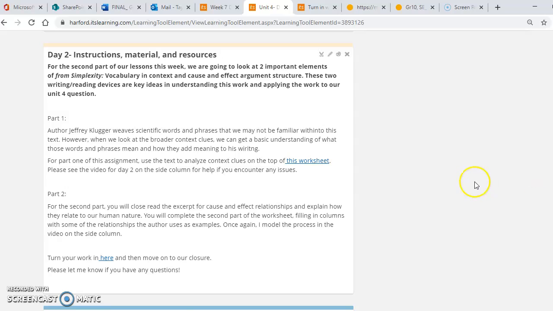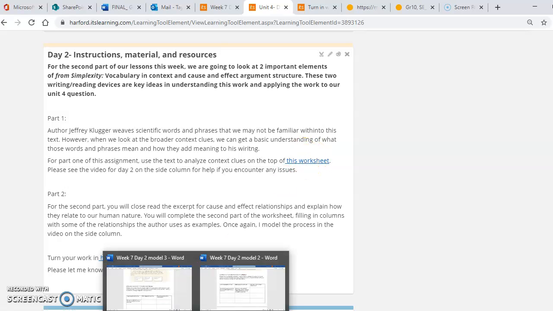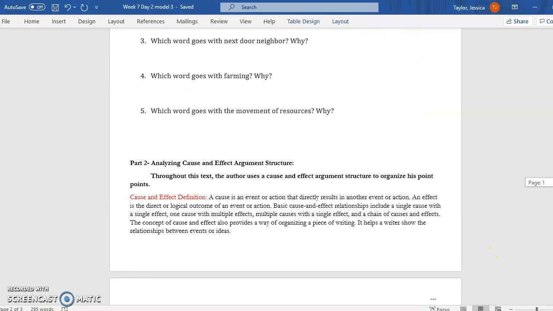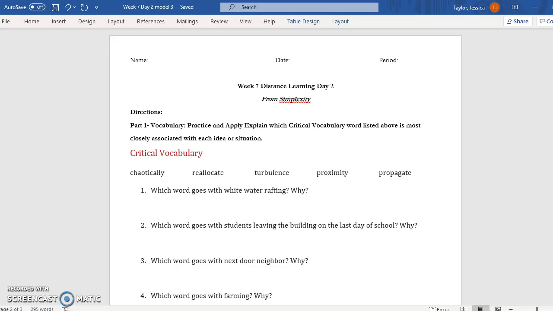For part 1 of our assignment, we're going to go to this worksheet here that I've linked for you, and that looks like this. Let me scroll up. So the directions here: vocabulary, practice, and apply.